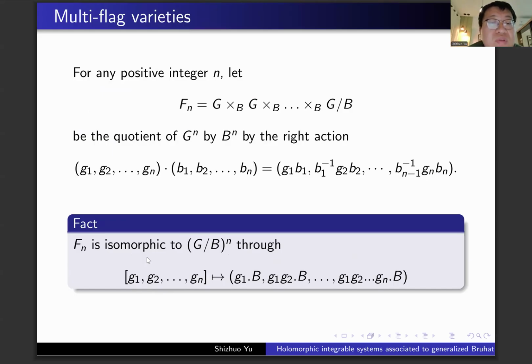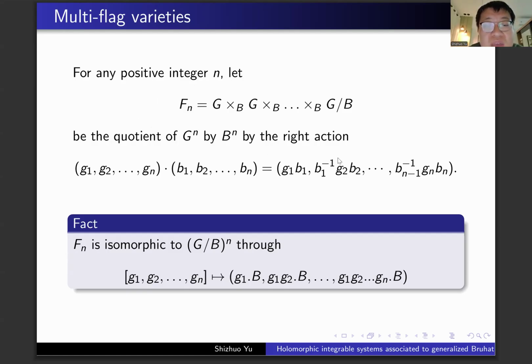Now we'll go to the multi-flag varieties and the generalized Bruhat cells. For any positive integer n, we define a twisted action in this way, and this action comes under the multi-flag varieties. It is the quotient space of G^n by the twisted action of B^n.